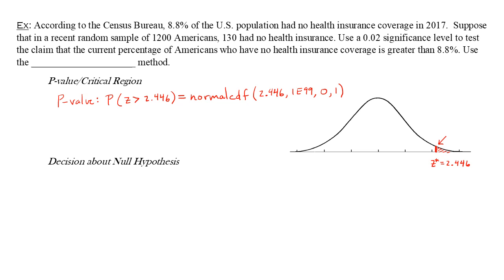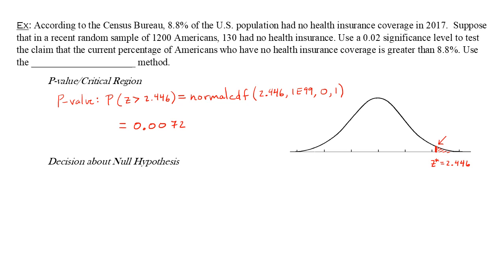So that's using the standard normal distribution. So punching all that into my calculator, I get a p-value of around 0.0072.